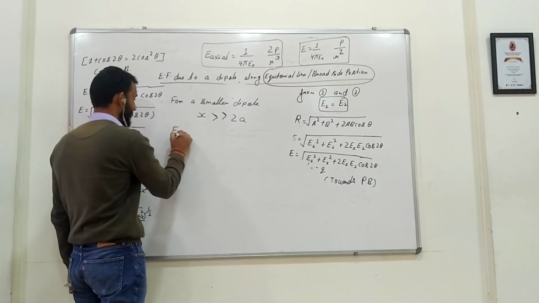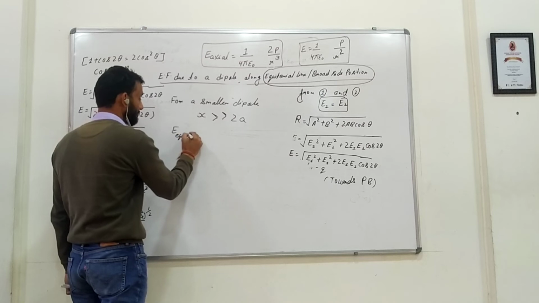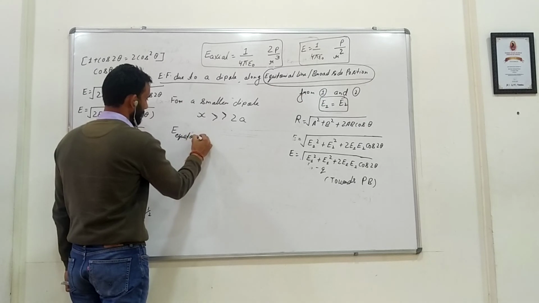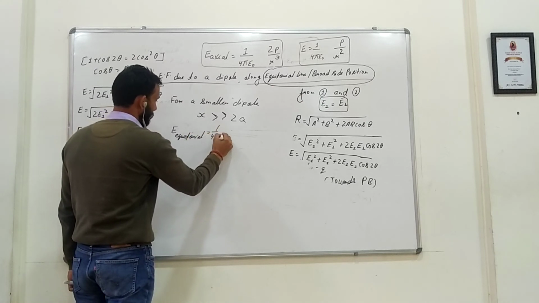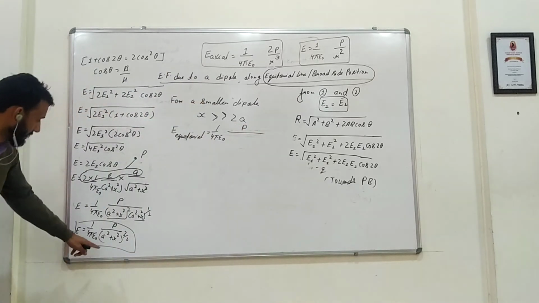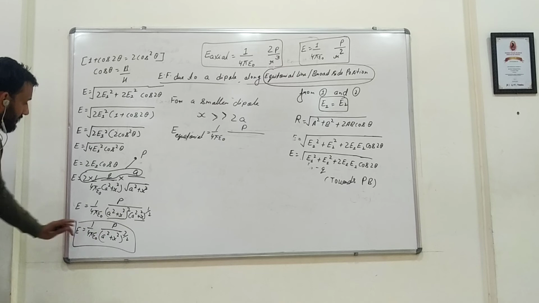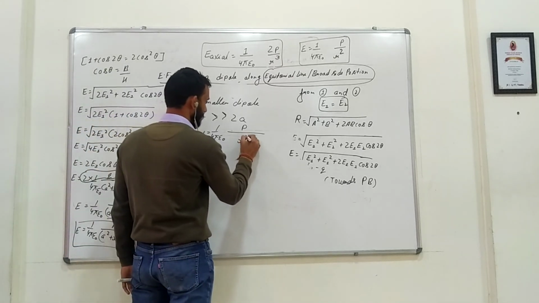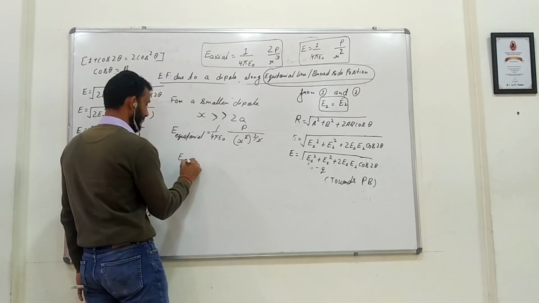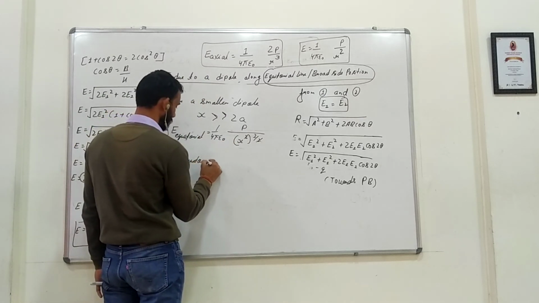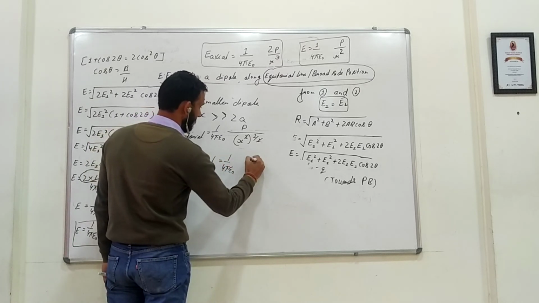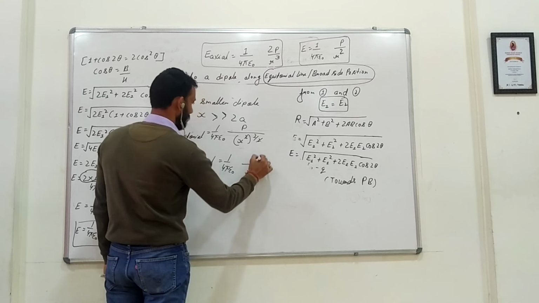So I am just left with, this is E equatorial, 1 upon 4 pi epsilon naught P upon x square whole power 3 by 2. This goes off. So E equatorial is equal to 1 upon 4 pi epsilon naught and then P upon x cube.